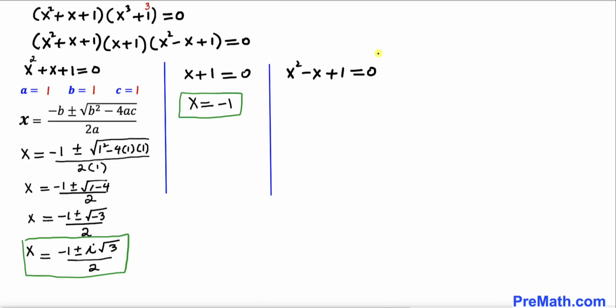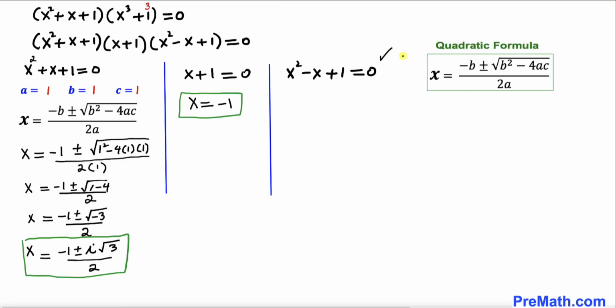Now finally let's focus on the equation x^2 - x + 1 = 0. We are going to solve this quadratic equation using the quadratic formula once again.